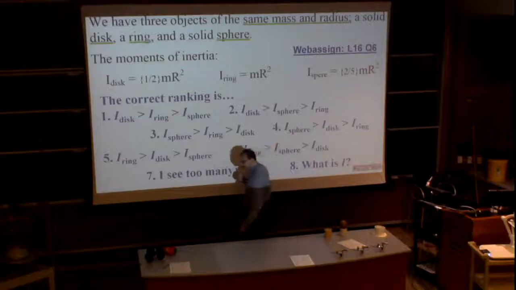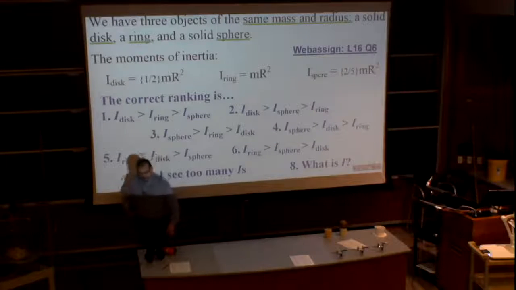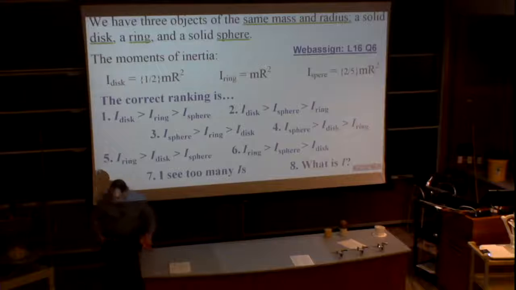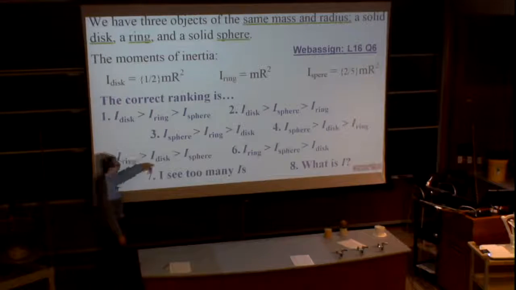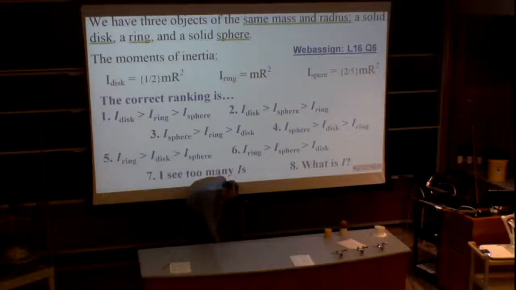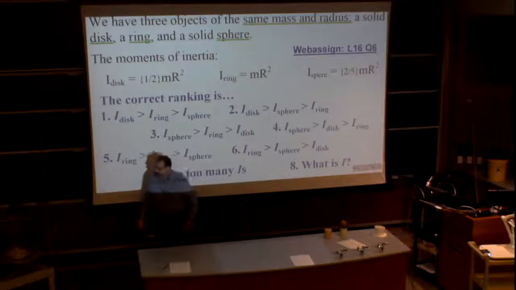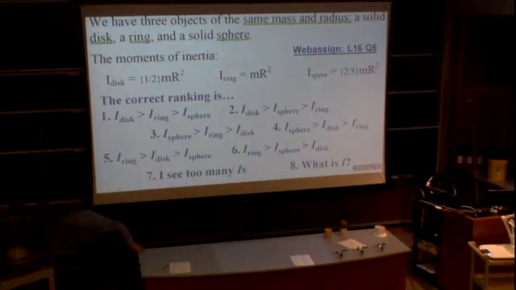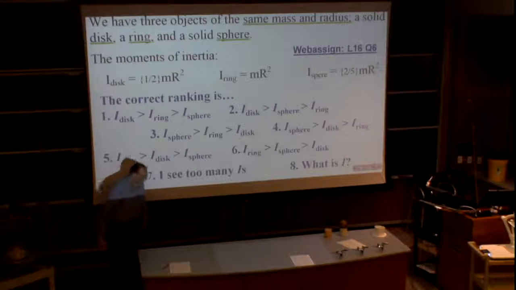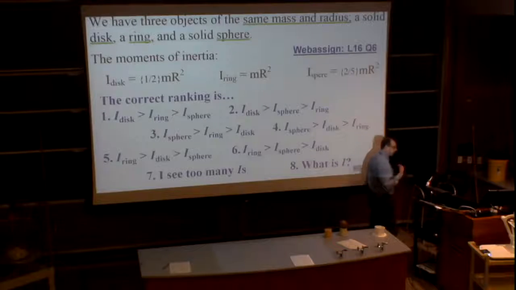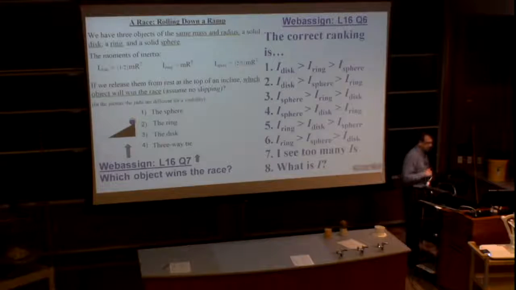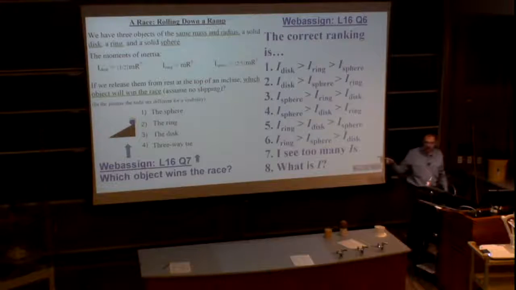And we know how to calculate the moment of inertia for each. And the question is, how do you rank the moment of inertia of these 3 objects? Why is it important? Because after answering this question, you have to immediately answer another question. Immediately.